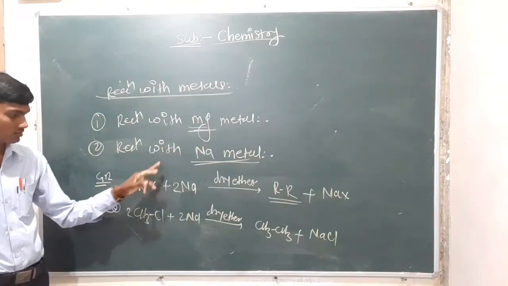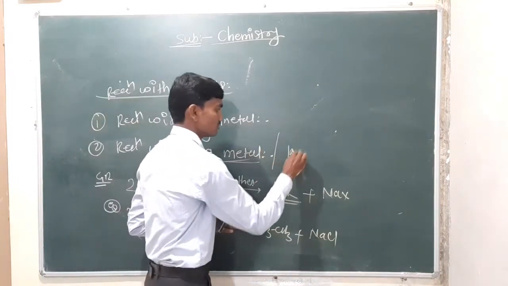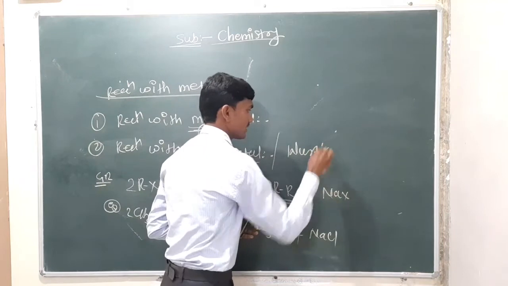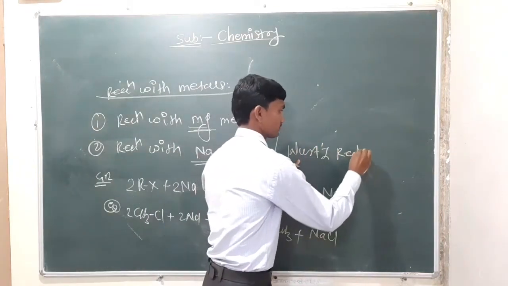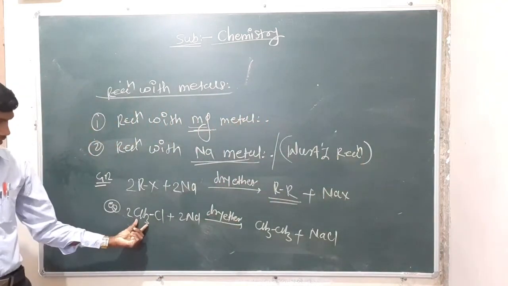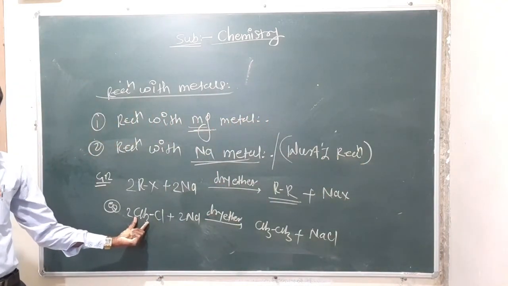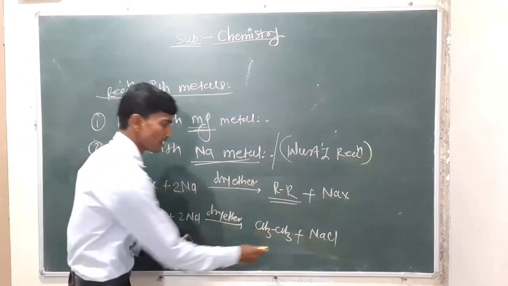This reaction is also called the Wurtz reaction. Two methyl groups are bonded to each other to form a higher alkane.